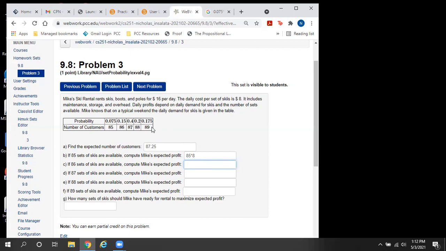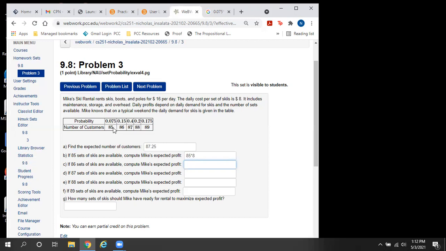So there's 2 different things that could happen. We could get 85 or we could get 86 or more, right? Now, in that case, with those 2 cases, we're going to add up the profit that we would expect from those 2 situations, right? So if 85 customers come in, we'll deal with the first situation first.